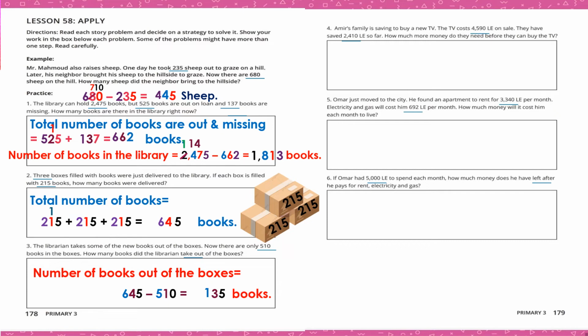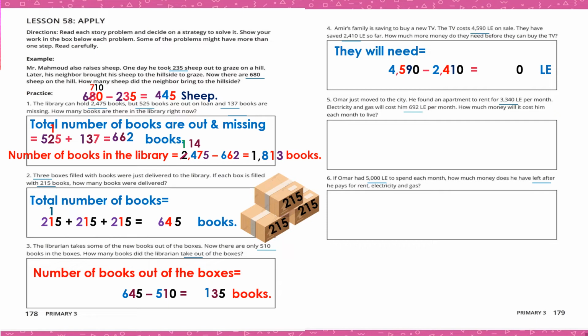Subtraction operation. So they will need, don't forget to put the biggest number first. 4,590 minus 2,410. Ones with ones. 0 minus 0, 0.